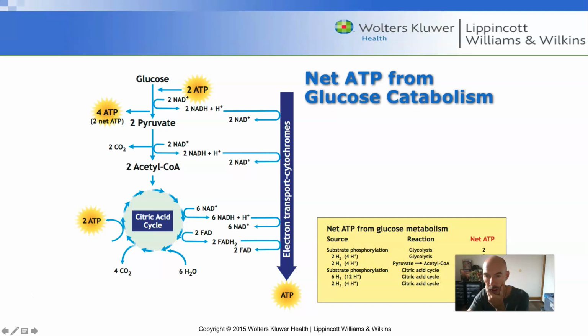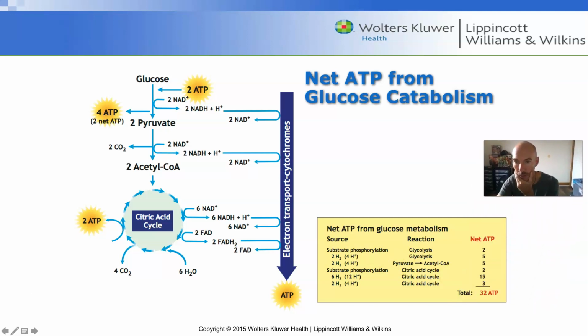And that is shown, let's see if I can move this window. Here we go. Where does it all come from? From glycolysis, we get 2, okay? And then from the NADH that we produced in glycolysis, we get another 5. You get 2.5 per NADH, so 2 times 2.5 gives us 5. We get another 5 from converting pyruvate to acetyl-CoA, okay?